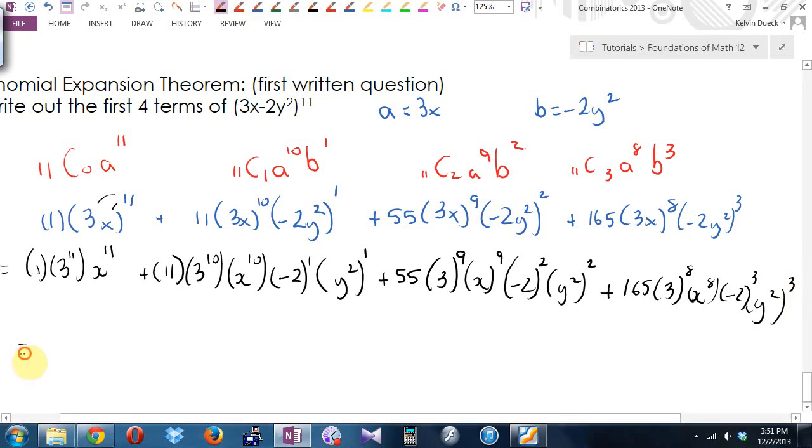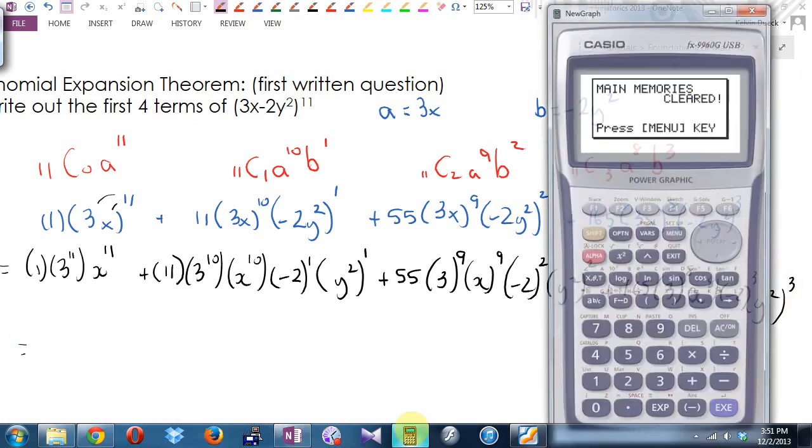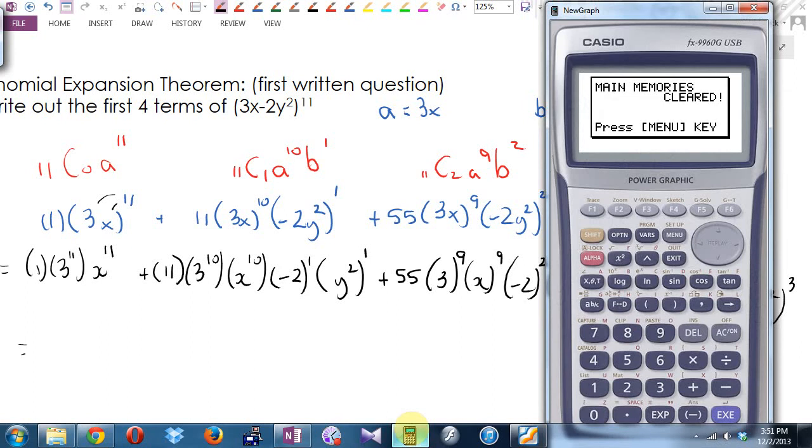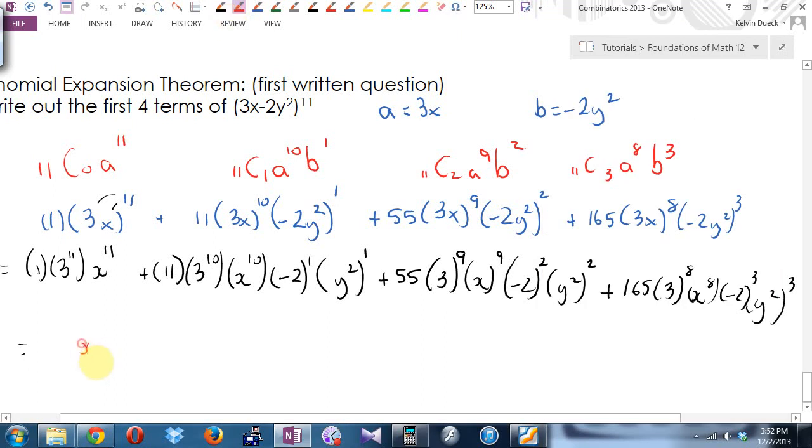So now this first term, I can tell you the variables already. In the first term, I'm going to end up with x to the 11th. See it? And in the second term, I'm going to end up with x to the 10th y squared.